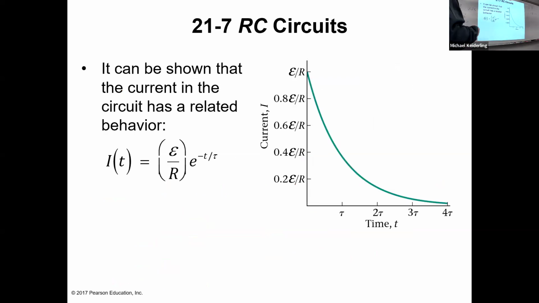And for a capacitor that's just hooked up to a resistor, current ends up being initial voltage over resistance times e to the minus t over tau. Well, this is the current in a capacitor that's charging, but it's also the current in the capacitor that's discharging.